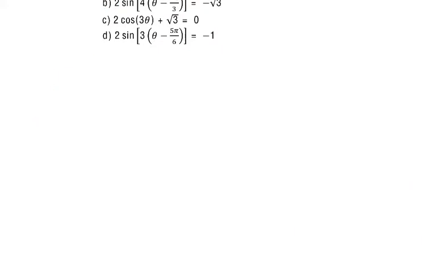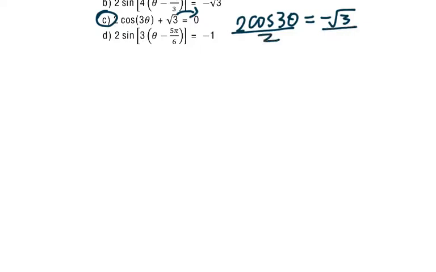Now let's go to C this time. So same thing, I need to cross that equal sign to isolate the cosine 3 theta. So I get 2 cosine 3 theta equal to negative square root of 3. I divide by 2.